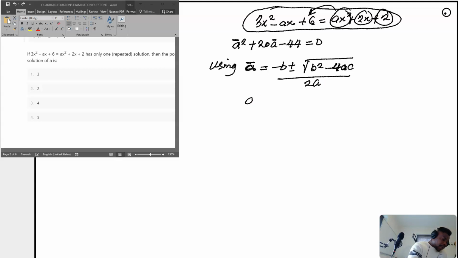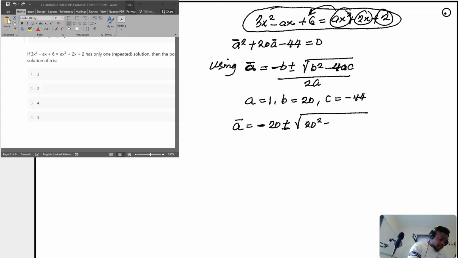So here, our a is the coefficient of a squared, which is 1. Our b is the coefficient of a bar, which is 20. And our c is minus 44. So what I have here is minus b, which is 20, plus or minus square root of b squared, that is 20 squared, minus 4 times a, what is a? 1, and what is c? Minus 44, over 2a, that is 1.